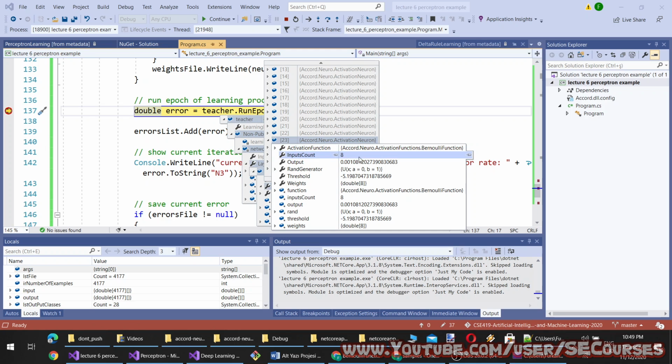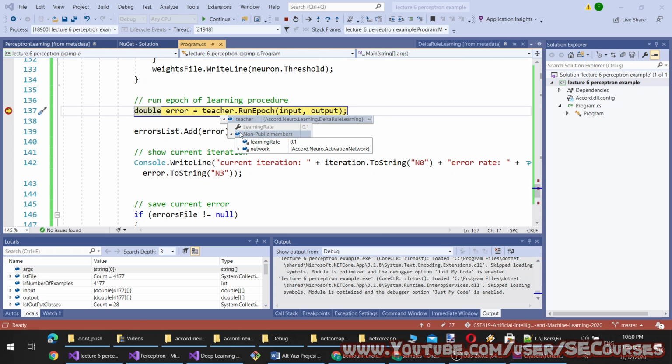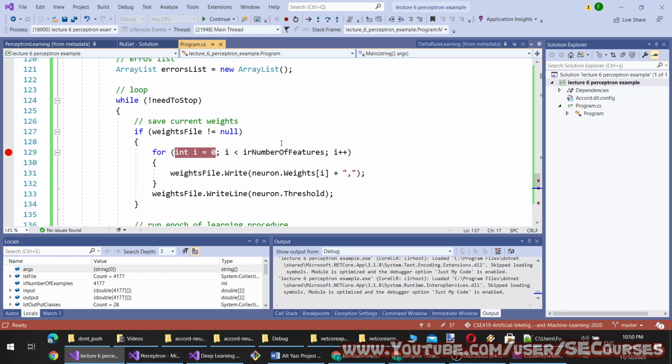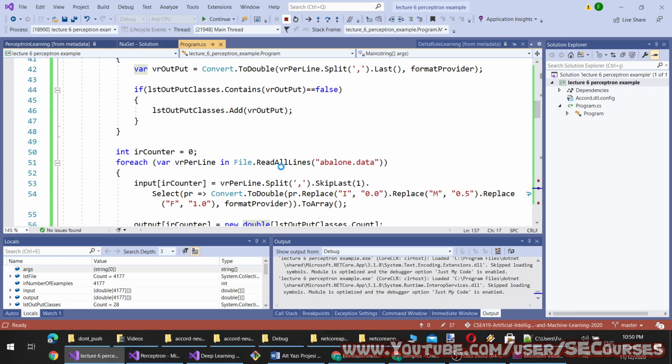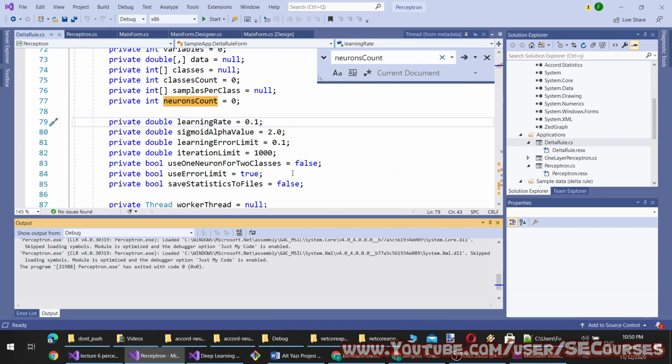Each neuron takes 8 inputs. This is the output of the neuron, random generator, threshold, and this is the base of the input. Inputs count, output, threshold, and weights. So our network is currently composed of 8 inputs and 28 outputs with a single layer. And of course, with a single layer, we are not able to properly learn it. So we need something multi-layer.